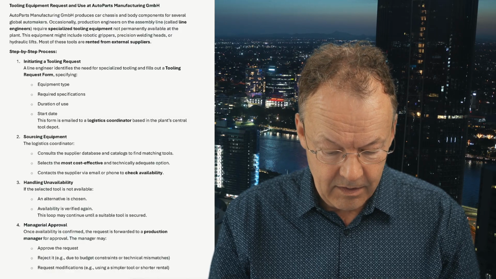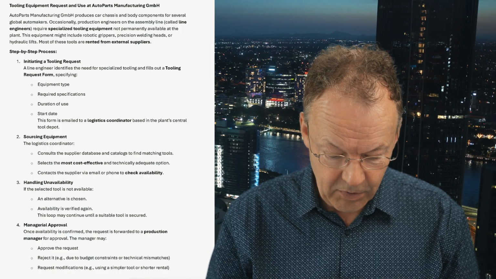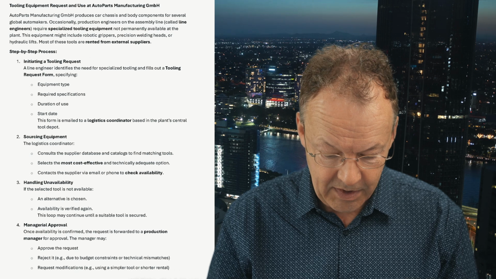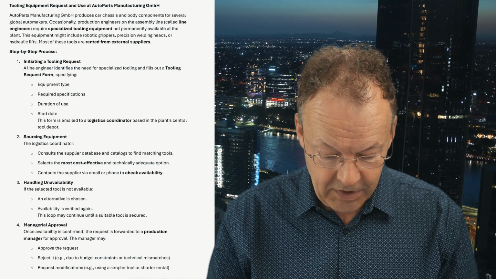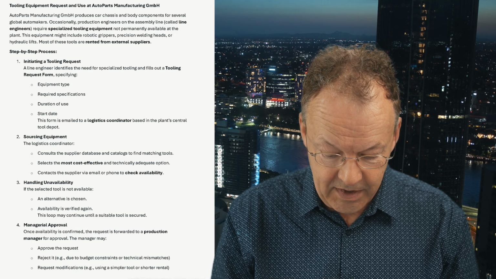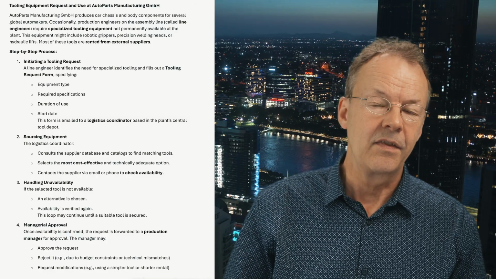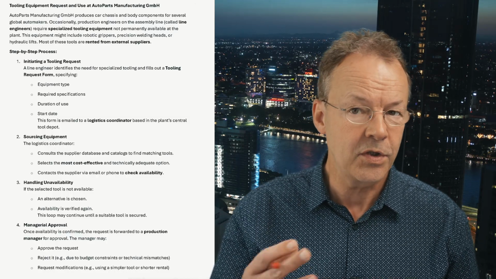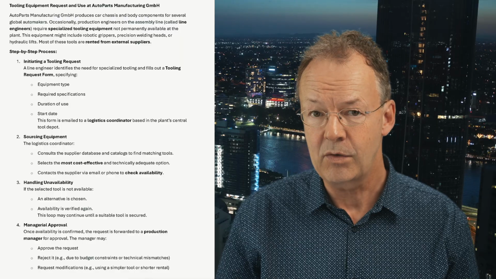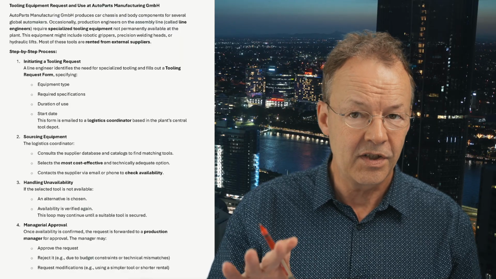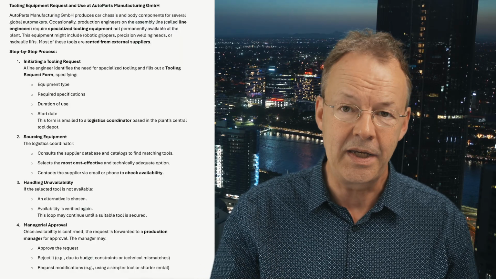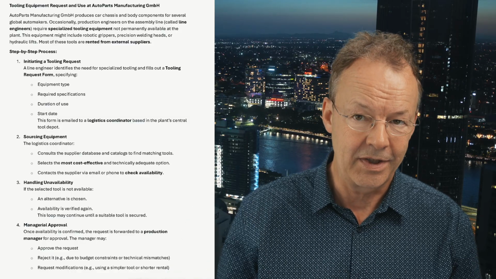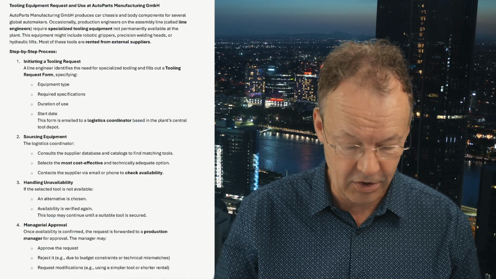And then the logistics coordinator consults the supplier database and contacts the supplier via email. The supplier could also be a role, but in this case, because the supplier is not part of our company, we will model that as a separate pool and not just a lane.